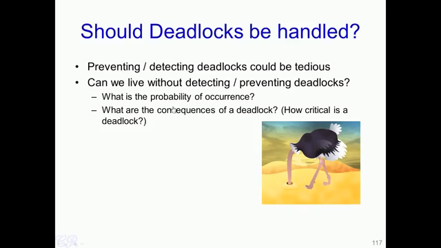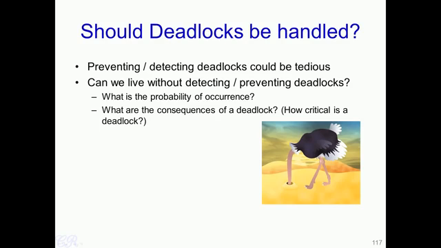Therefore, we need to argue about these two aspects. Essentially, if the probability that a deadlock occurs is very frequent, then probably the OS would require some measures in order to handle the deadlock.